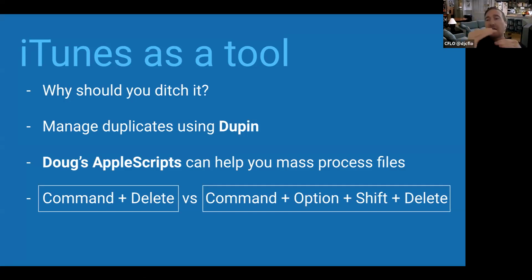But if you're in your playlist, and you're using playlists just like crates to sort of use these temporary, you put stuff in iTunes, you're taking it out of iTunes because you don't want Serato to get upset with it. You highlight the songs and hit command option shift delete, and it will remove it from the iTunes library, but it will not toss the file in the trash as long as that file doesn't live inside of iTunes' nested folder. So I just want to go over that real quick.